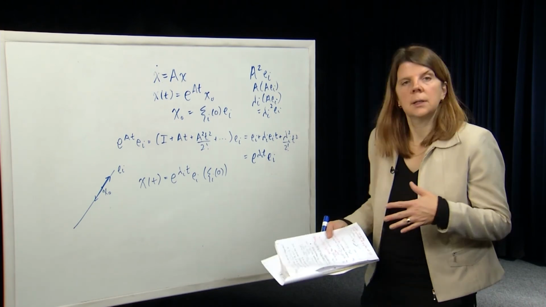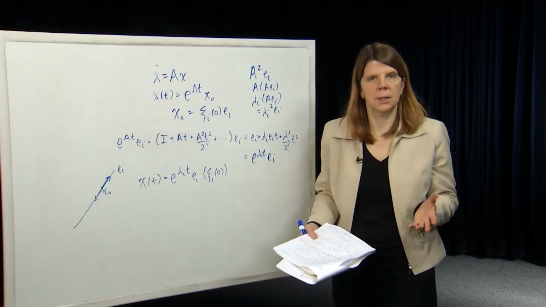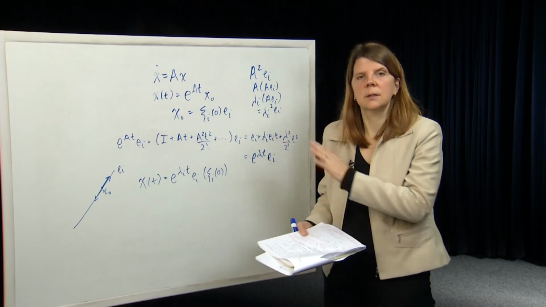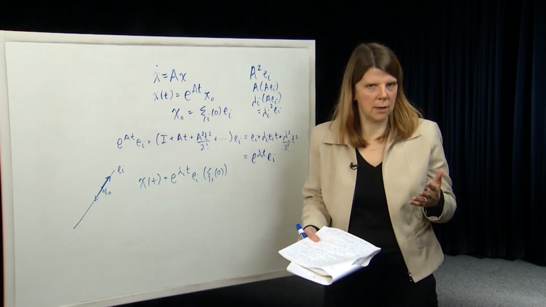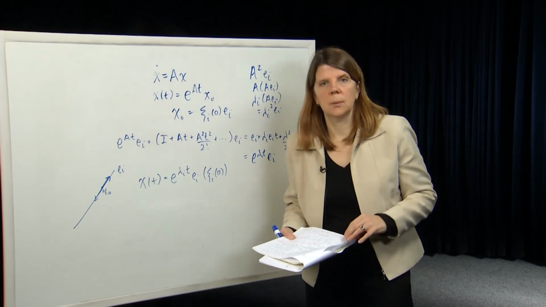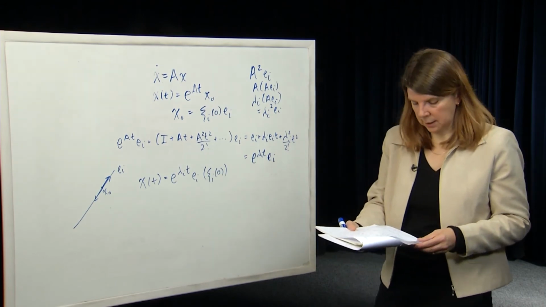So if you start out on an eigenvector, you're always going to stay on an eigenvector. If you start out on a linear combination of eigenvectors, since we've just shown that the eigenvectors form a basis for Rn if the eigenvalues are distinct, then you'll stay in a linear combination of those eigenvectors, and you can actually compute the terms in terms of the eigenvectors.